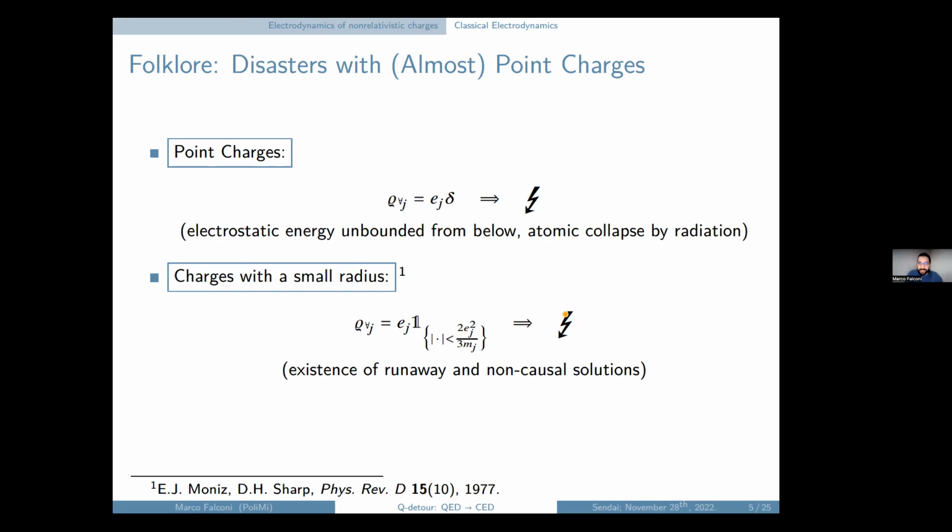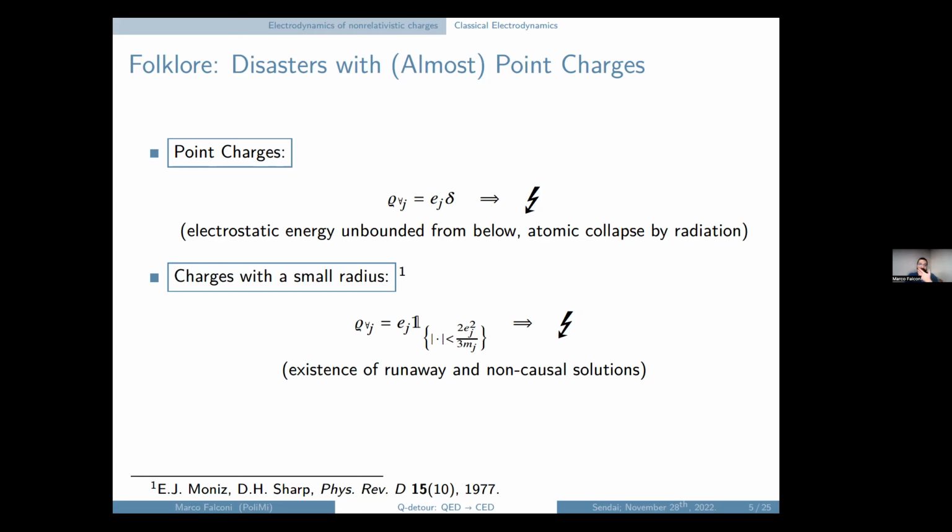This case can be made mathematically well-defined, but to prove mathematically that there are these runaway and non-causal solutions is not known. At least in my knowledge, there is no rigorous proof of this effect, but there are some physical motivations that make this, let's say, reasonable, but I don't know of any actual proof of this. Okay.